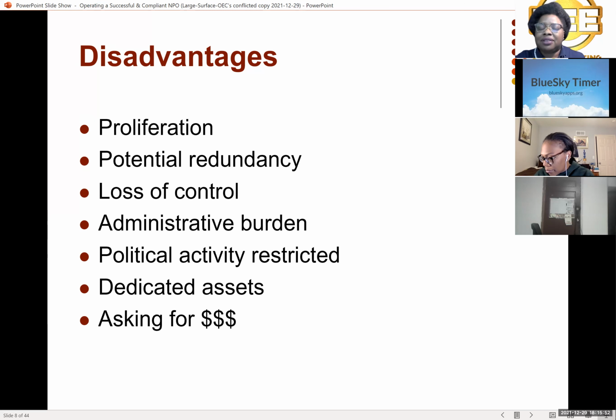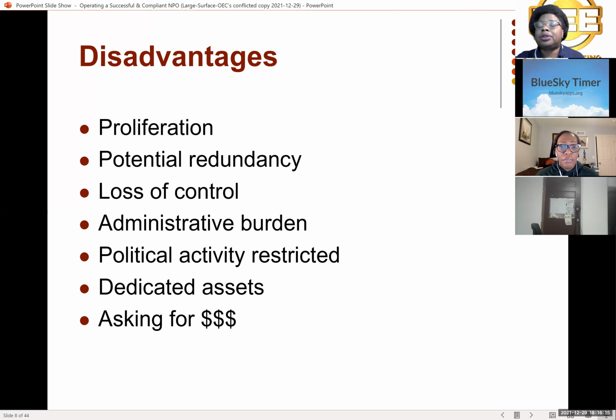What pain points am I going to handle? Do I have to have a nonprofit to take care of that pain? Because again, you can have a for-profit and just be nice. So really look at that. Another disadvantage is a loss of control, because Reva asked me about the executive director.